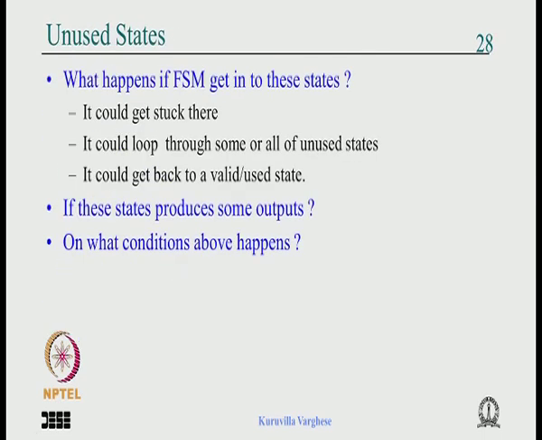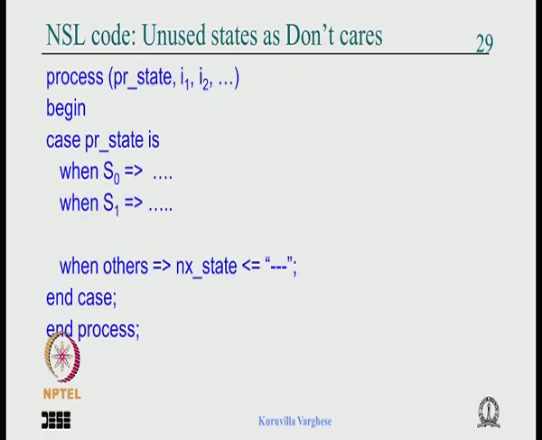Now for that to happen, assume that we have done the next state logic coding like this. You have a process with present state and various inputs I1, I2, like that, and you say begin and case present state is, and you say when S0, S1, we have 5 states, so you go all the way to when S4, but there are S5, S6 and S7 and we don't specify those.